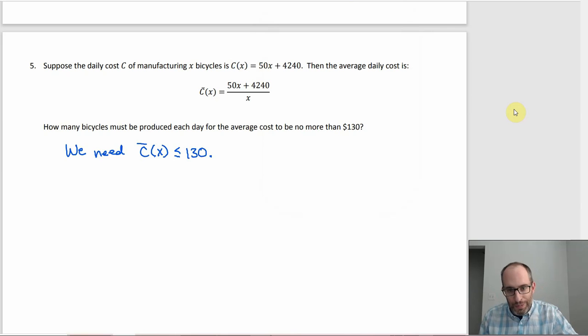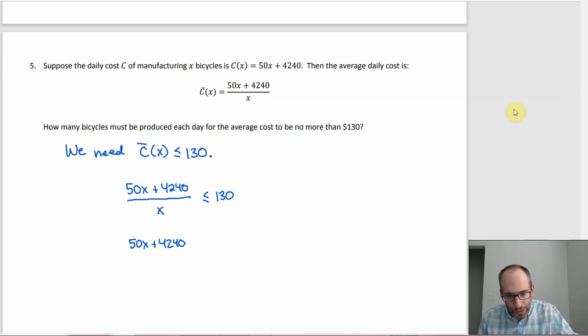So that means that, well, we know what C of x is. We can sub that in. We'll have 50x plus 4240 all over x is less than or equal to 130. But we can solve that, right? Well, I guess we're not quite there yet. Got to get the 0 over here first, and then we can go from there. So we got to get the 0 on the right side. So if we subtract 130 from both sides, you'd have 50x plus 4240 over x minus 130 less than or equal to 0.